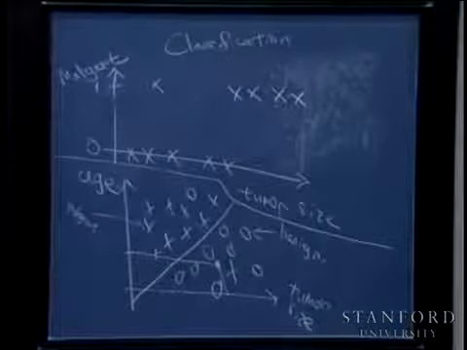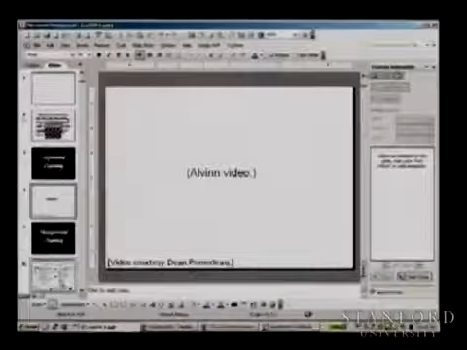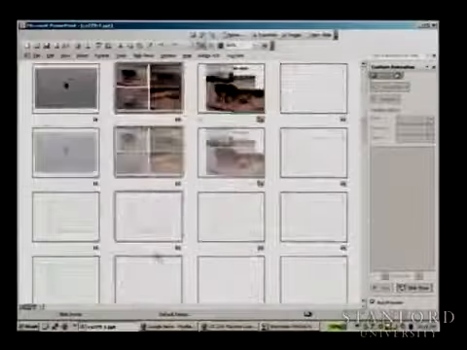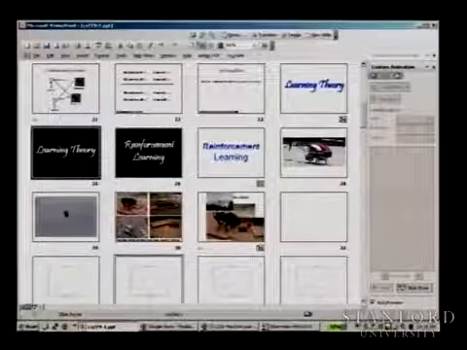Okay. So that was supervised learning. The second of the four major topics of this class will be learning theory. So I have a friend who teaches math at a different university, not at Stanford.